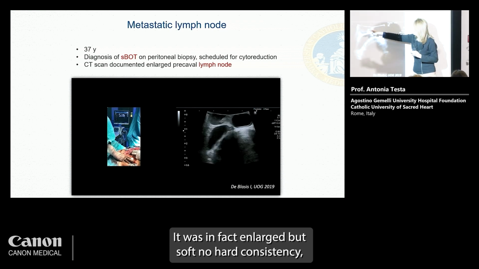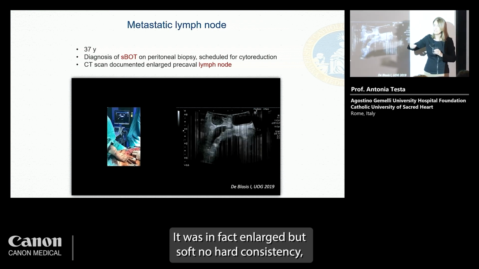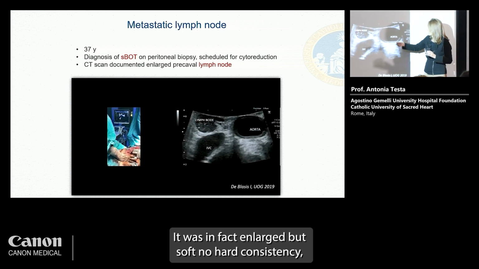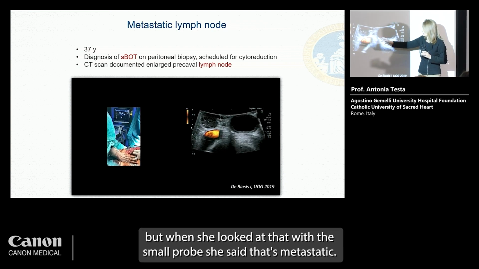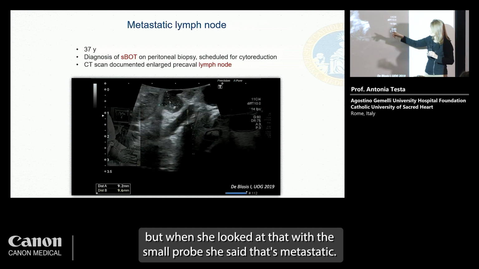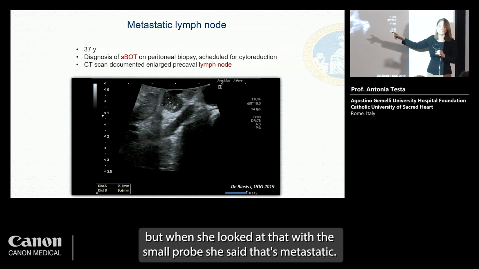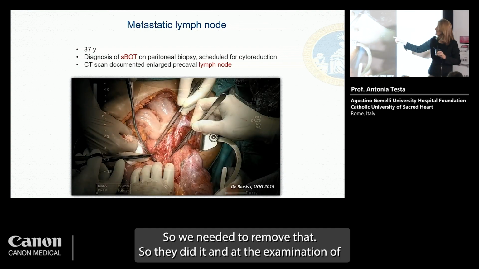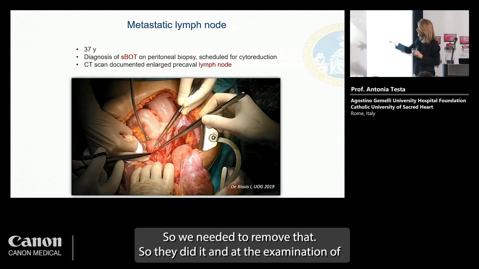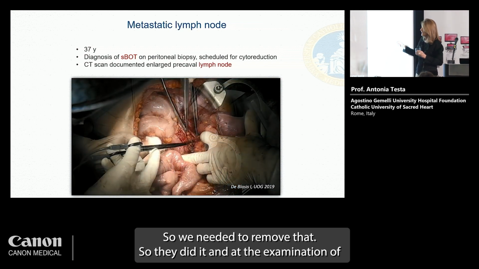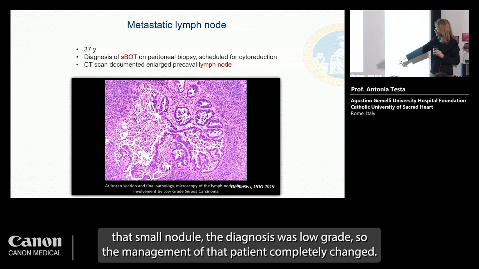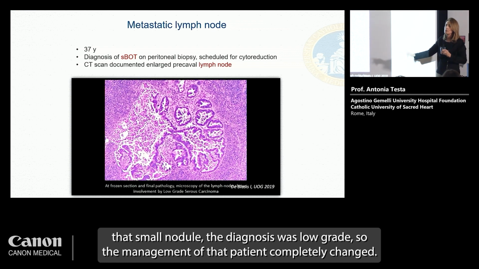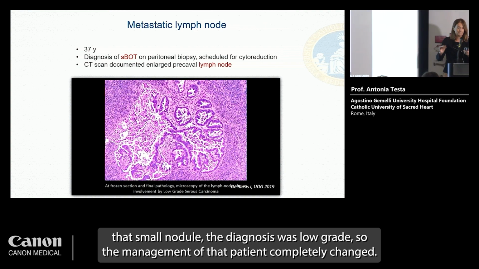It was in fact enlarged but soft, not hard consistency. But when she looked at that with the small probe, she said that's metastatic. So we needed to remove that. So they did it, and at the examination of that small nodule, the diagnosis was low grade. So the management of that patient completely changed.